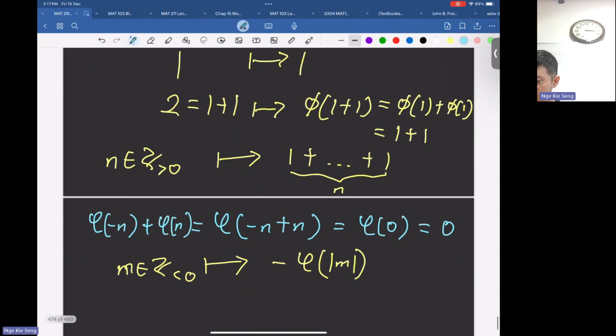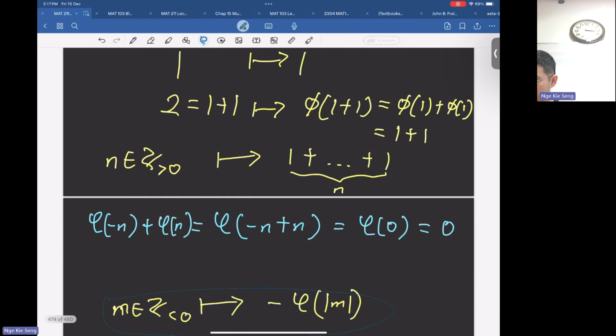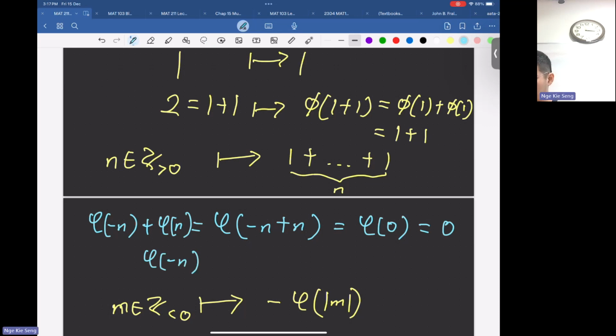Then I can take the inverse on both sides. So phi of minus n equals minus phi of n.